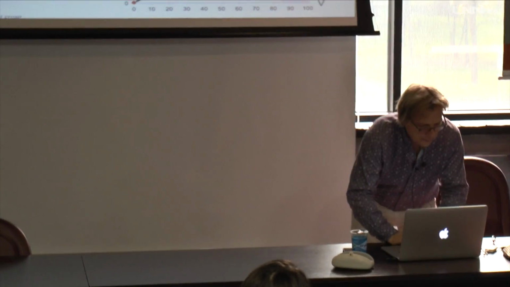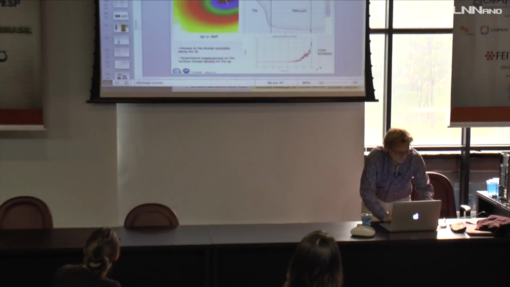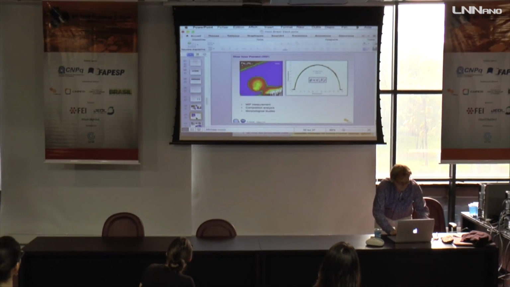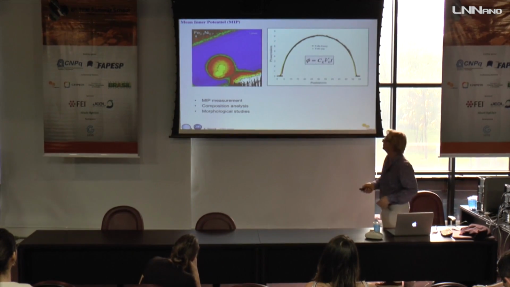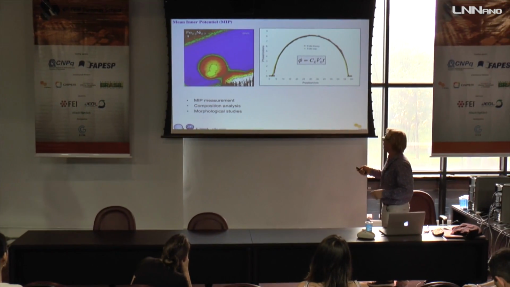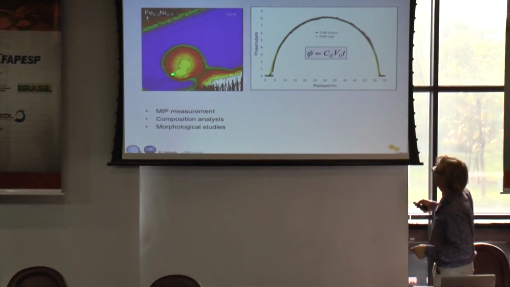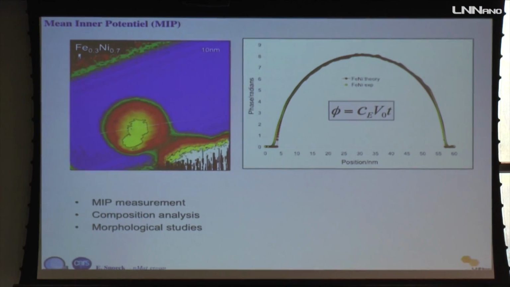Okay, if you have a core shell structure here, you will have a kind of starting point like that at the beginning, and then you will have some change and going back, okay?